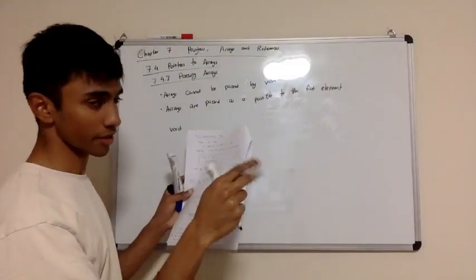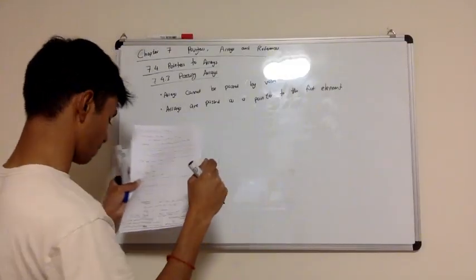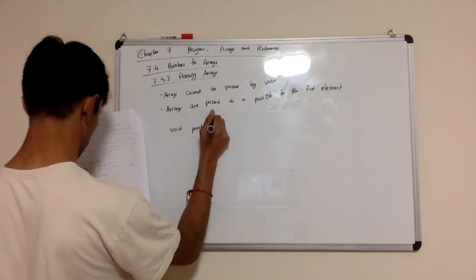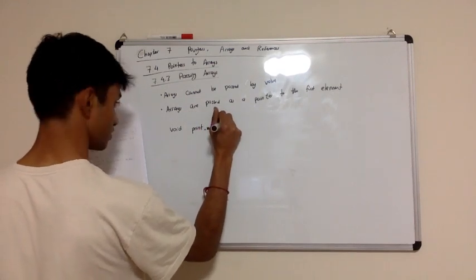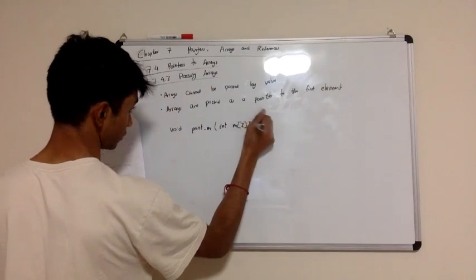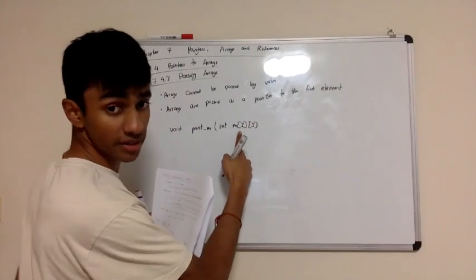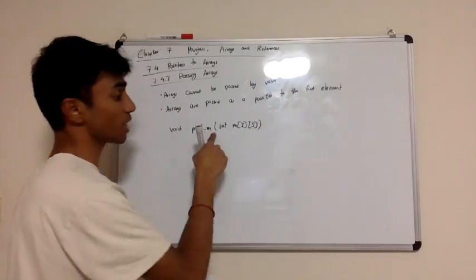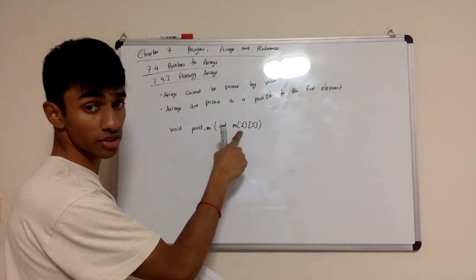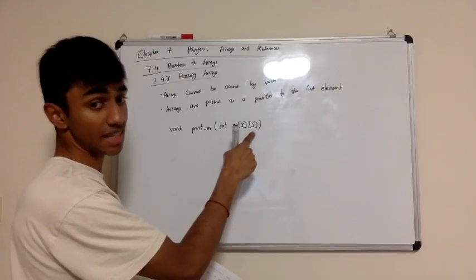So not the child arrays, but the elements in the child arrays. So you might have something like void print, I'll just say m, and you might say int m[3][5]. What this is saying is this function printm is only going to take in 2D arrays with 3 child arrays and 5 elements in each child array.